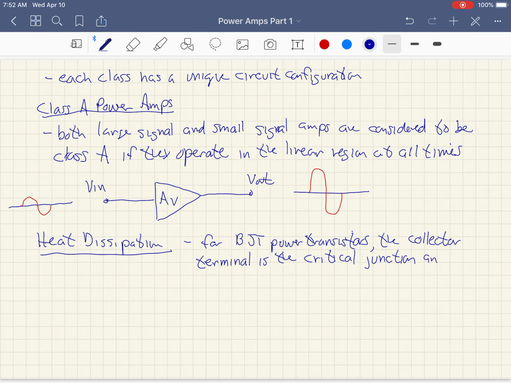And for this reason, the transistor case is always connected to the collector terminal.